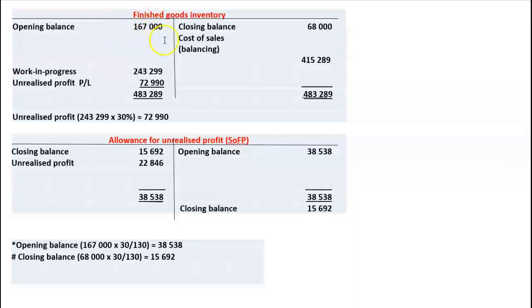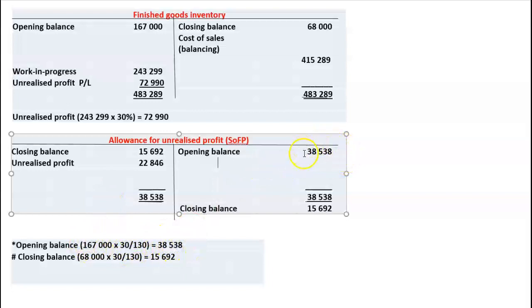So that means included in my opening inventory of 167,000 was a 30% unrealized profit element, and that we took out in our allowance for unrealized profit account. So what was the unrealized profit included there? That was 167,000 times 30 divided by 130, and that gives us 38,538.